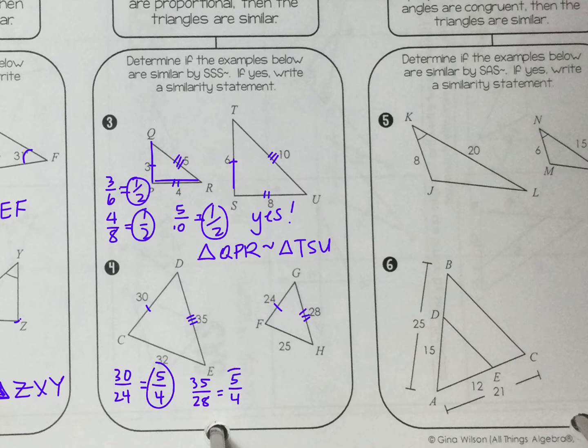I'm 2 for 2 now. And then the last one, 32 over 25. If I reduce that, it doesn't. It says 32 over 25. So this one is not the same, which means that this is not similar. You do not have to write a statement because you cannot if they are not similar.